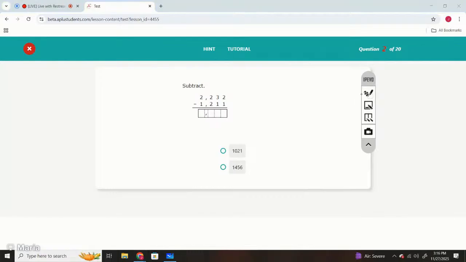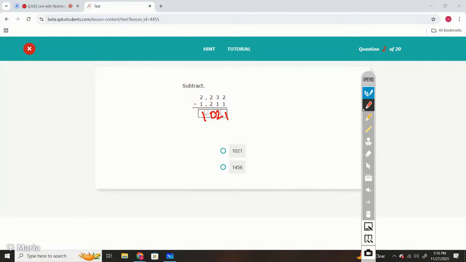2 take away 1 is 1, 3 take away 1 is 2, 2 take away 2 is 0, and 2 take away 1 is 1.